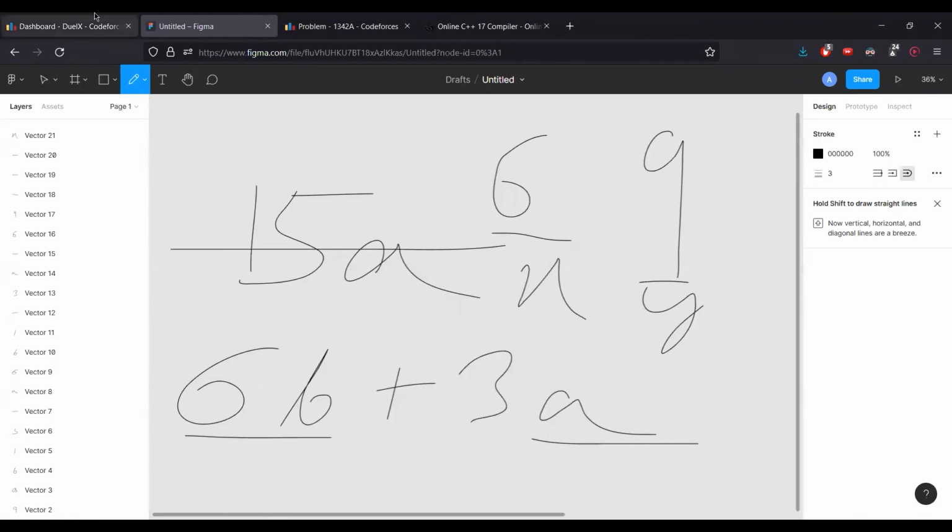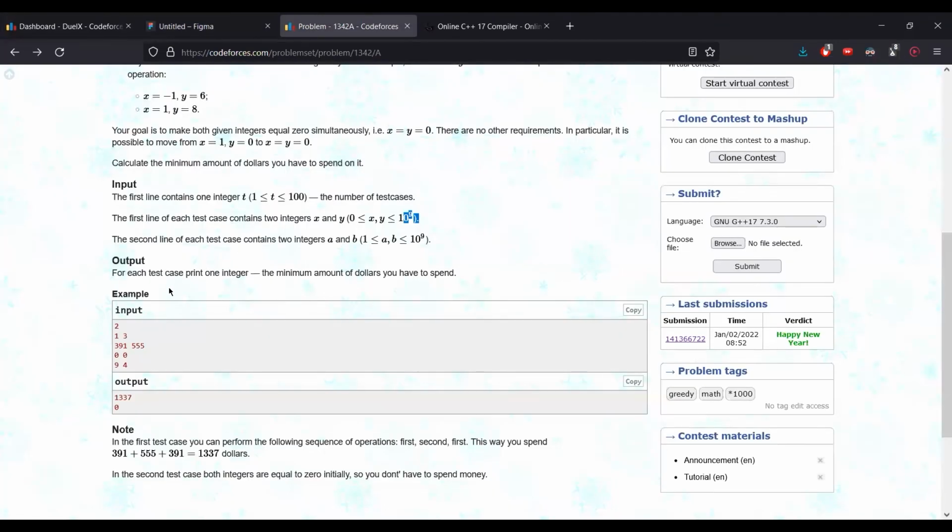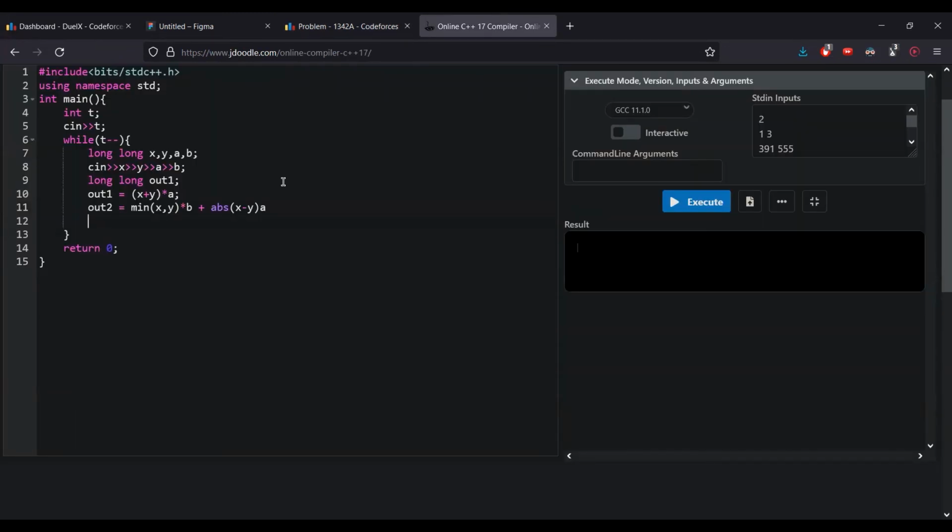Nice. Now I have these two numbers. All I need to do now is see which one is smaller, the minimum amount. I don't even need to put an if statement.